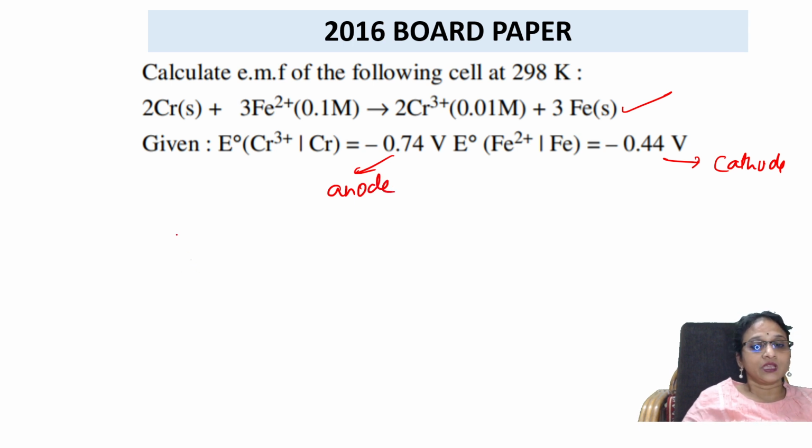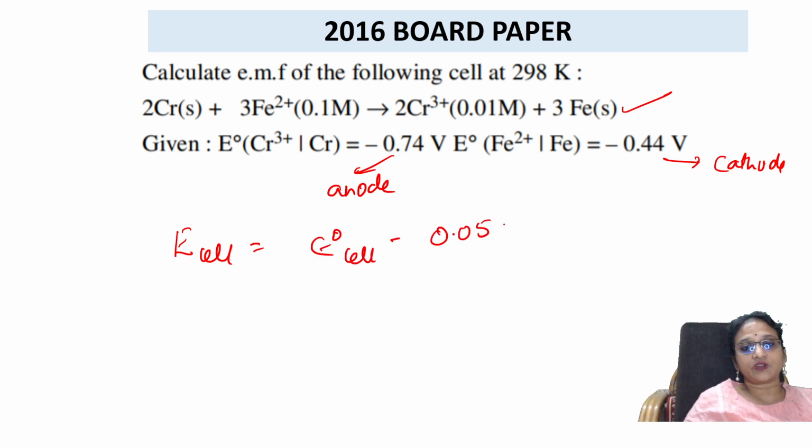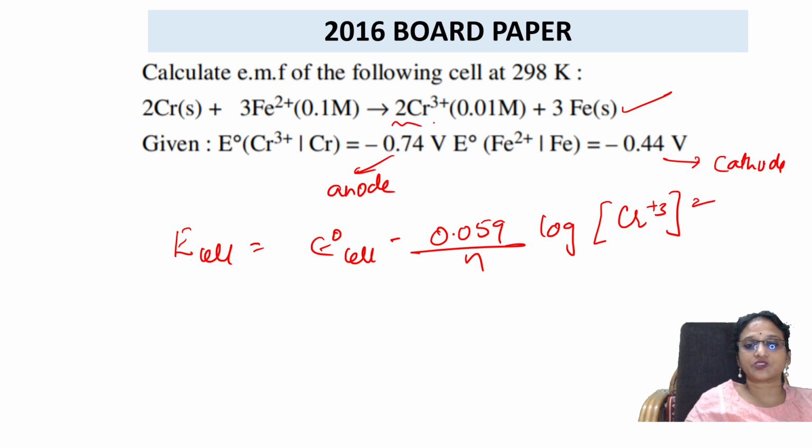Let us see which formula I'll use. E cell is equal to E naught cell minus 0.059 by n log of the oxidized species: chromium plus 3, squared, because the coefficient is 2, divided by iron Fe plus 2. How much is the coefficient? 3 is the coefficient.